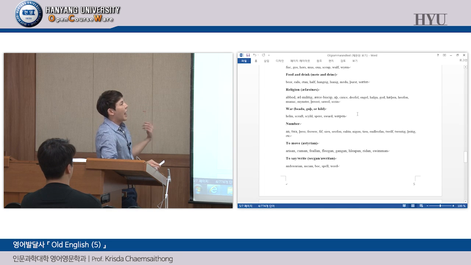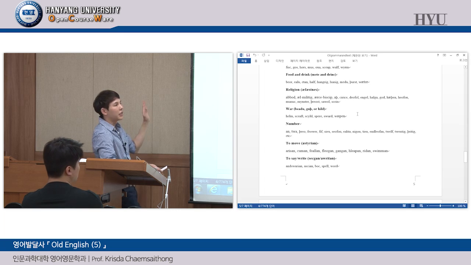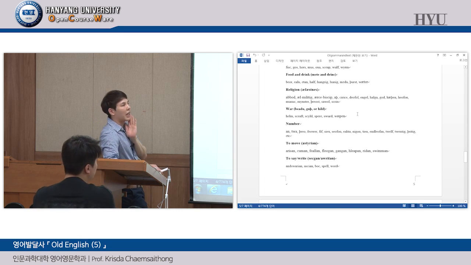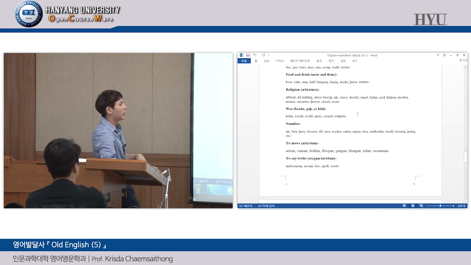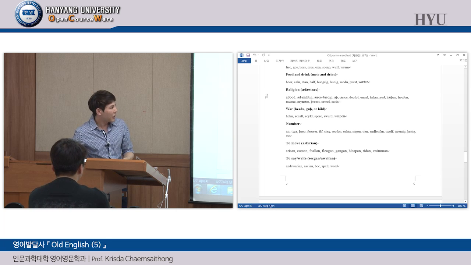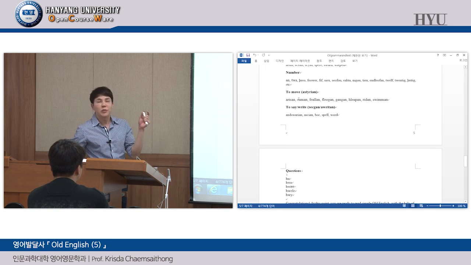Numbers. An is 1, 2, 3, 4, 5, 6, 7, 8, 9, 10, like that. They look pretty much alike, right? 11. Try to pronounce them and you'll know what they mean. 12, 20, 30, etc. To move, verbs.